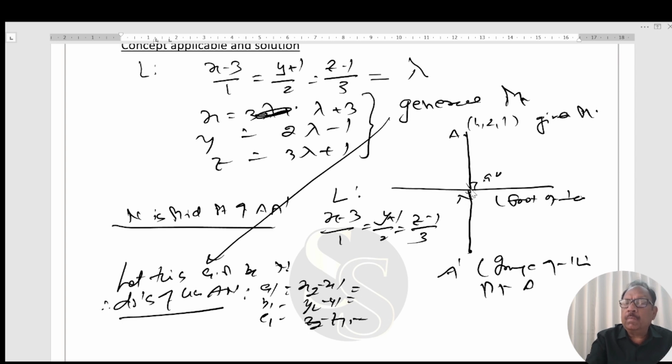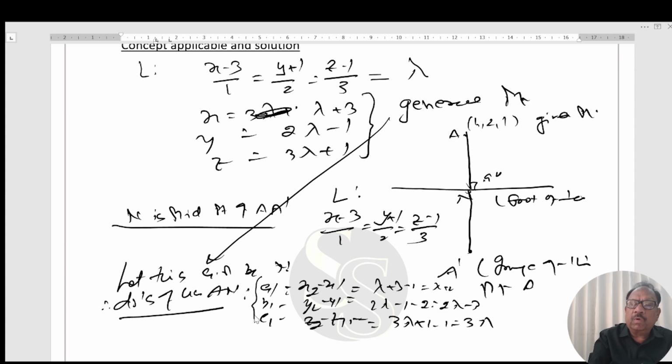So lambda plus 3 minus 1, lambda plus 2; 2 lambda minus 1 minus 2, 2 lambda minus 3; 3 lambda plus 1 minus 1, 3 lambda.